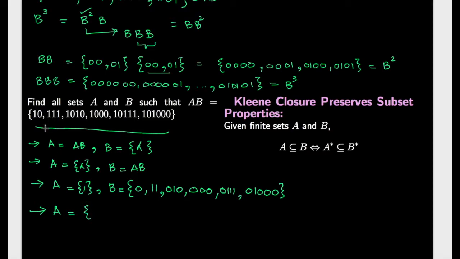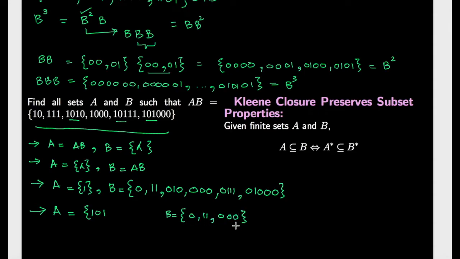Now 101 is here and 101 is here, right? So I can say A is {101}, and for B I can say 011 and 000.